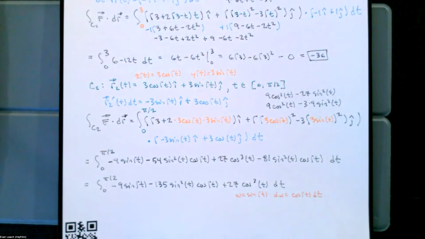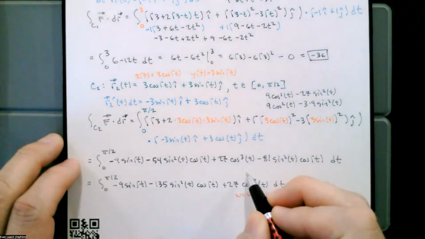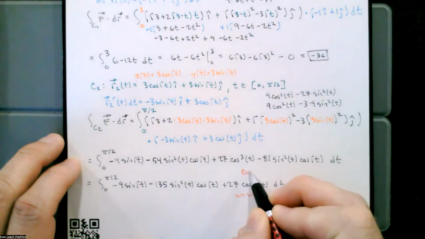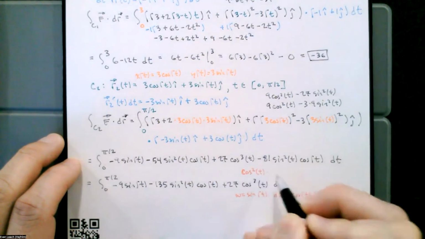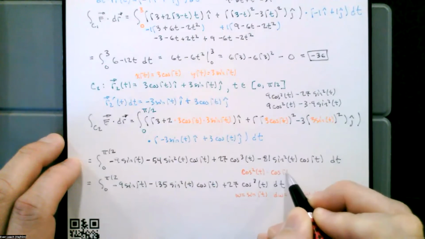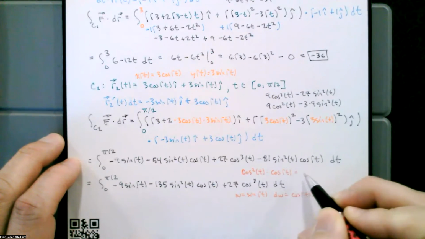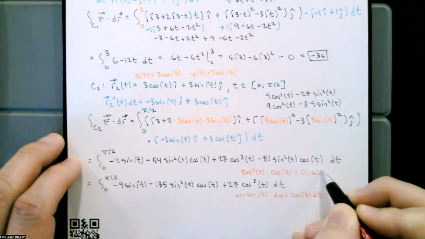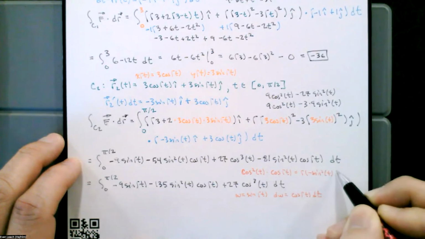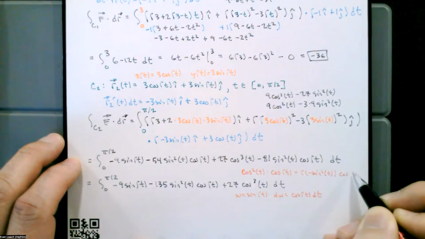But when we have an odd power of a sine or a cosine, then our w should be the other one. We're going to rewrite our cosine cubed as cosine squared t times cosine of t, which is going to be 1 minus sine squared t times a cosine of t.